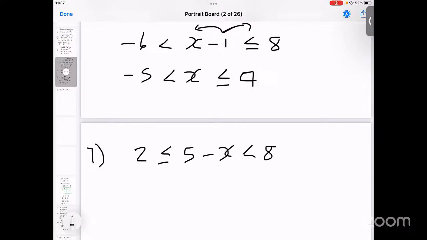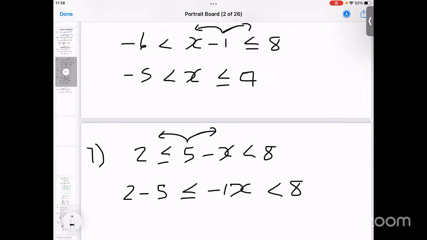I think this will definitely go there, and it will also go there. Now we end up having 2 minus, will it not be 5? And then we have less of that. Then we have negative invisible 1x there. And then we are having that 8. It's going to be minus 5.